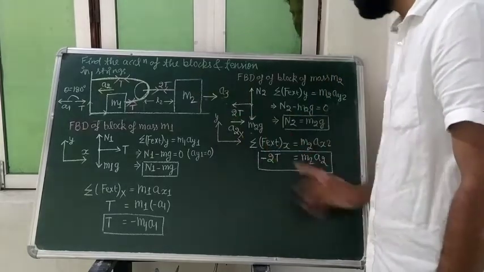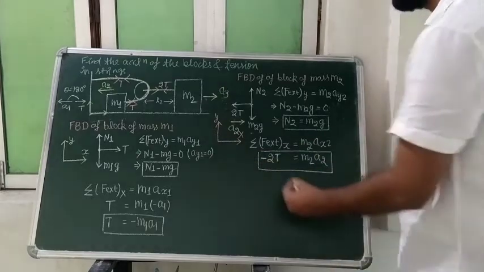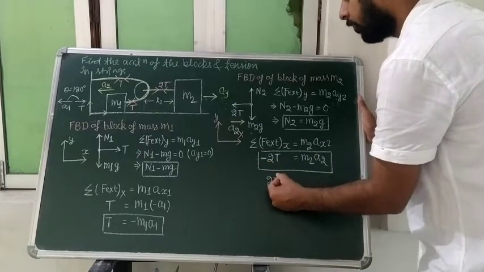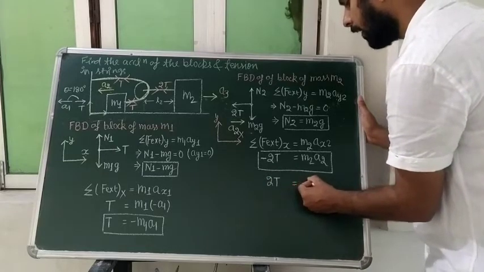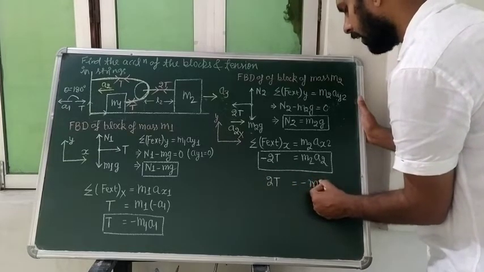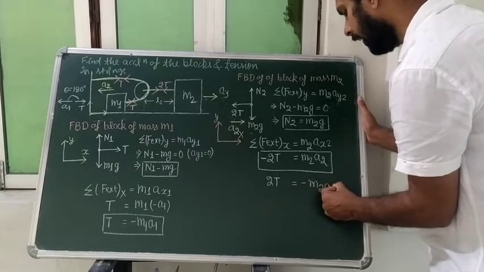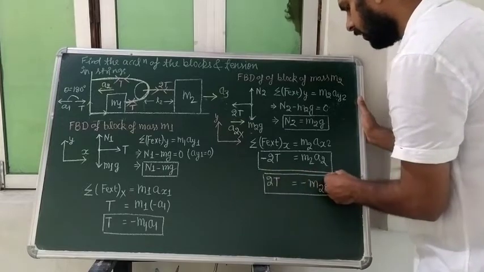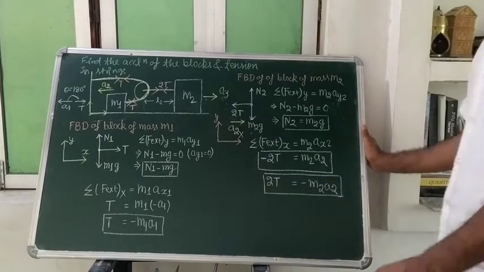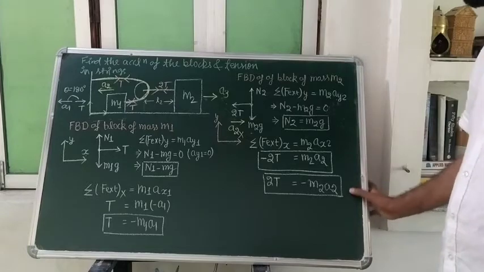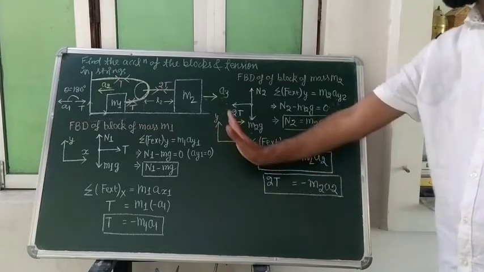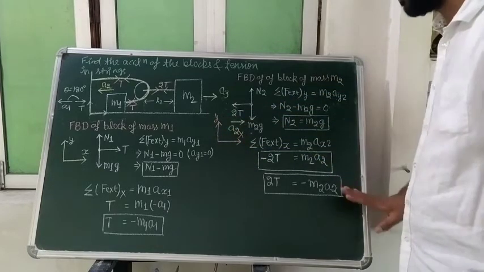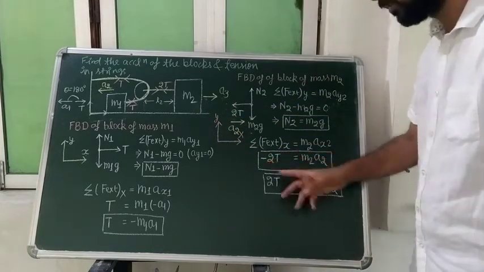So this 2T should have a negative sign. From here, what will you get? This 2T will be equal to minus M2 times A2. I'm sorry for that, you can change it. Notice this: 2T should be on the negative side if you have selected it like this, so you put a minus sign here.